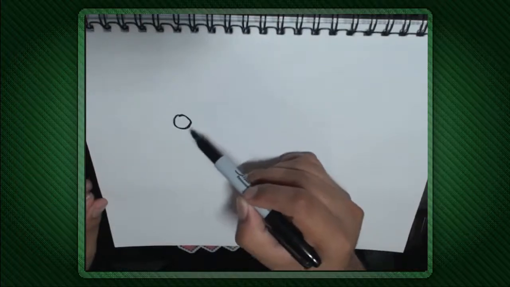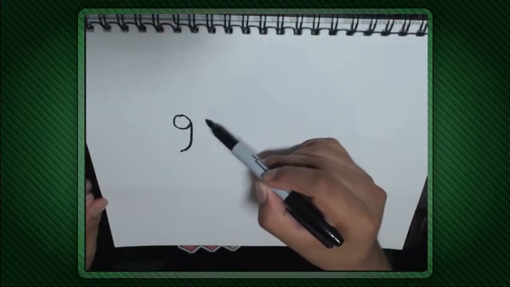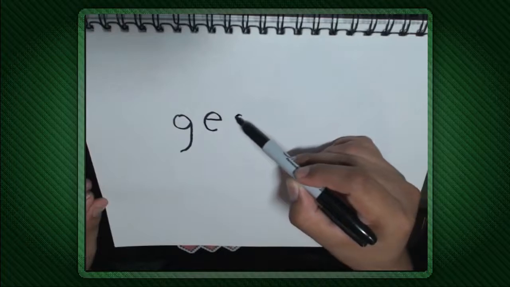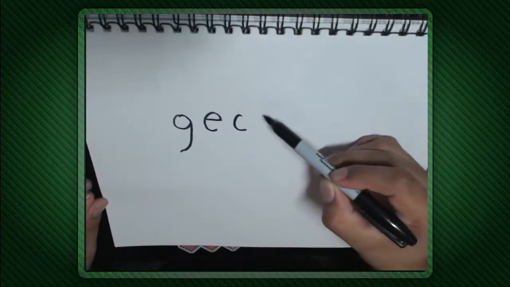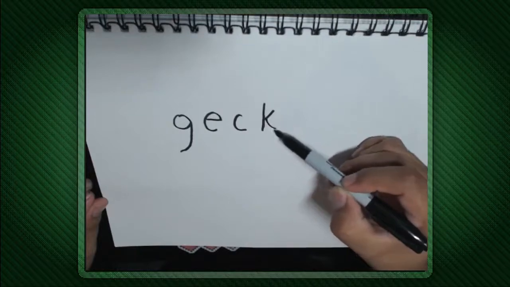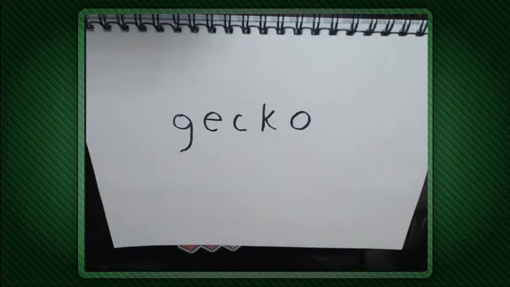Lowercase g, e, c, k, and o. Gecko. And a gecko is like a little lizard.